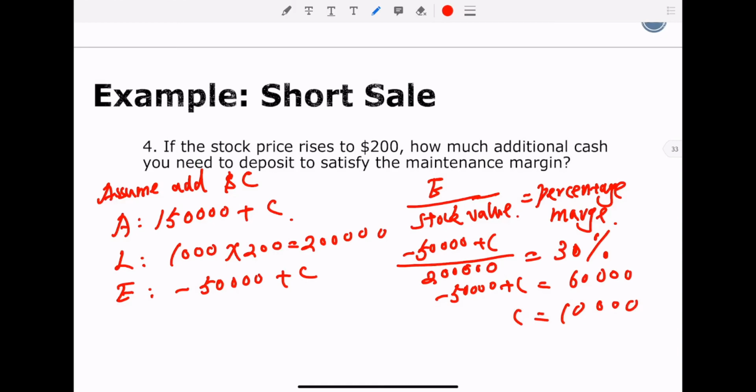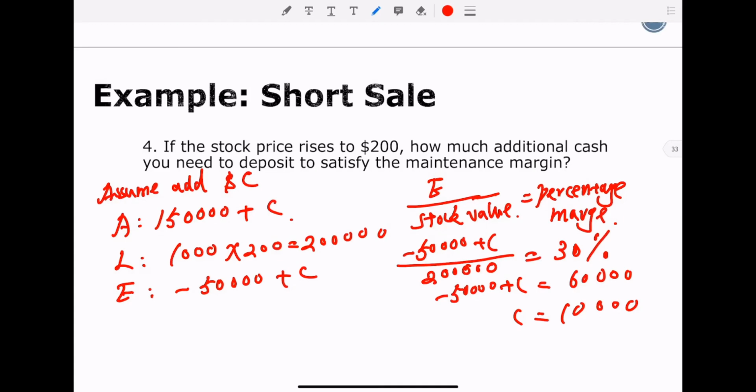And you can see that this is actually a large amount, right? So short sell is risky. Whenever there is a huge increase in the stock price you're short selling, then you will be in trouble. And this actually often happens for small stocks, right? Because for small firms, their shares are quite volatile. Some news overnight can push a small firm's stock price by like 3 or 4 folds.